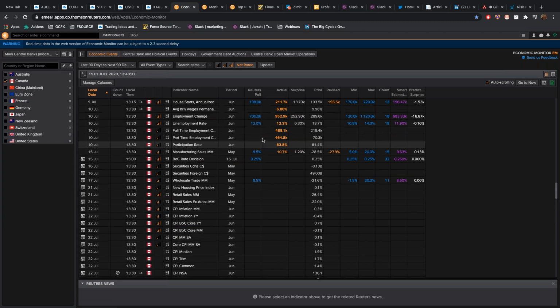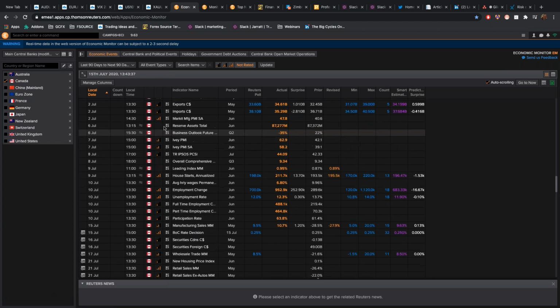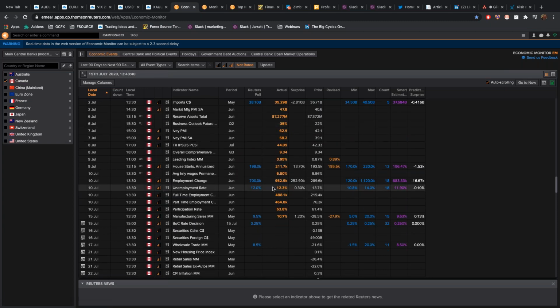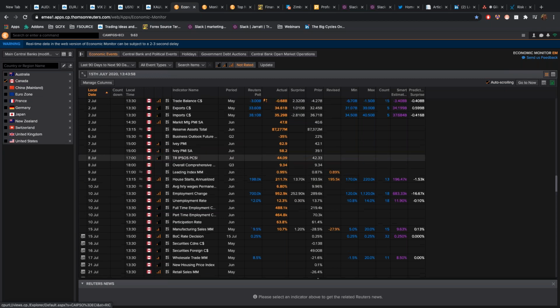Now, just looking behind, we can see that the run of data for Canada has been pretty good. Unemployment rate was 12.3%, only slightly worse than expected, but below the maximum expectations. Employment was good, a rise of 952,000, above the 700,000 expected. Housing starts were good as well, nearly as high as the maximum expectations.